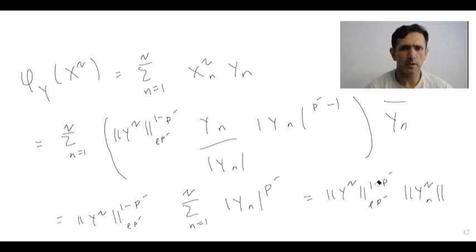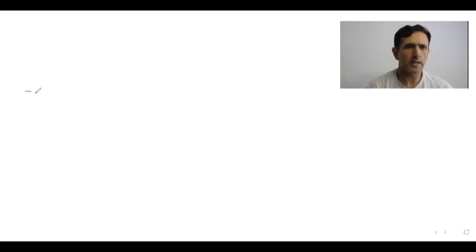Running out of space here, so I got a little sloppy there. Little l^P prime to the P prime. So these cancel out, the minus P prime and the P prime. So we get y_N, l^P prime.